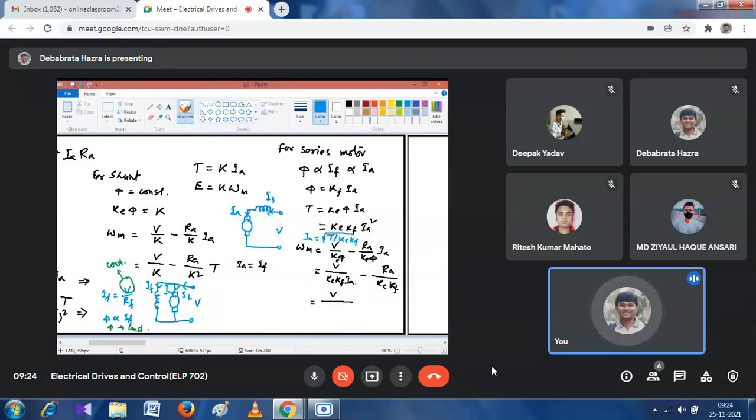So put that value of IA here. So we can write V by root over KE KF into T minus RA by KE KF.